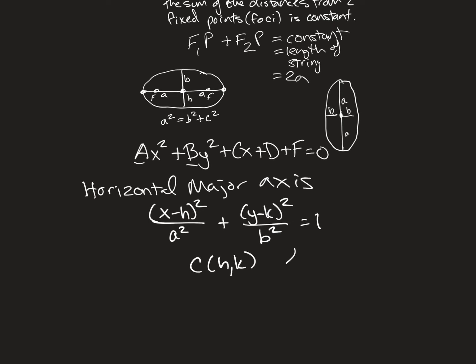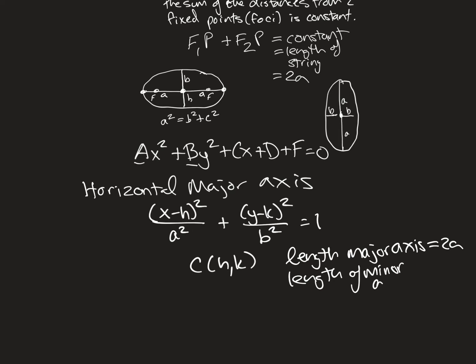The length of the major axis is equal to 2a, and the length of the minor axis is 2b, and of course that's going to help you draw the graph. From the center, you'll go a in both x directions and b in both y directions to create the endpoints of your ellipse.